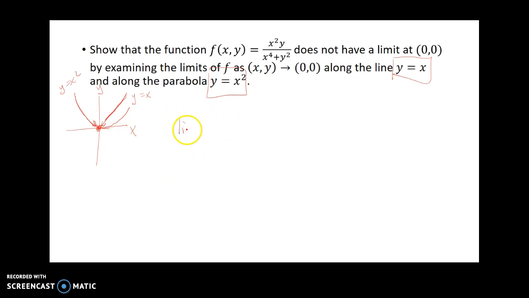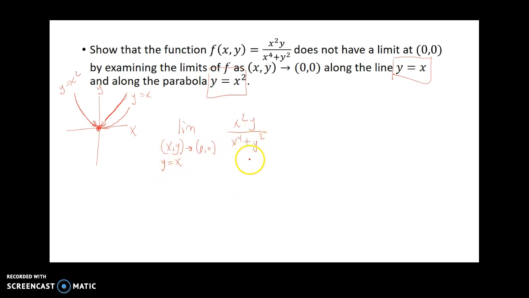Okay, so what I'm looking for is the limit as x and y approach the point 0, 0 of x squared y over x to the fourth plus y squared. Well, how am I going to do this? We'll start with a linear function. I want the y value to always be equal to x. Well, cool. That actually allows me to make a substitution.